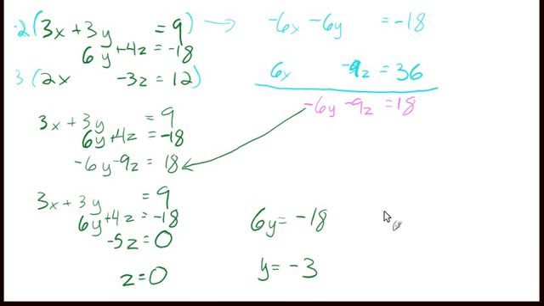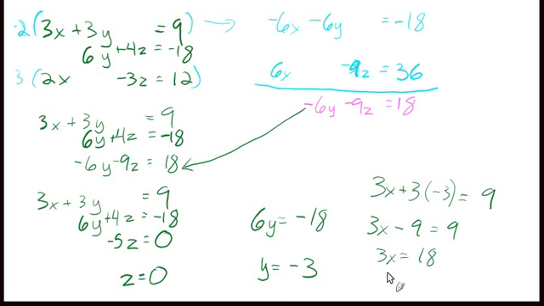So 3x plus 3 times negative 3 is equal to 9. 3x minus 9 is equal to 9. 3x equals 18. x equals 6. So our final answer is 6, negative 3, 0. Alright, and that was for number 18.